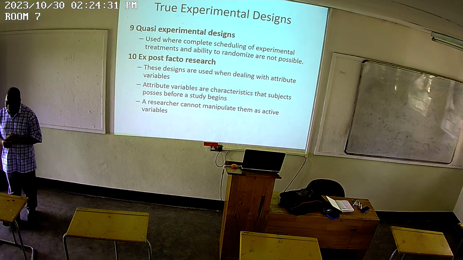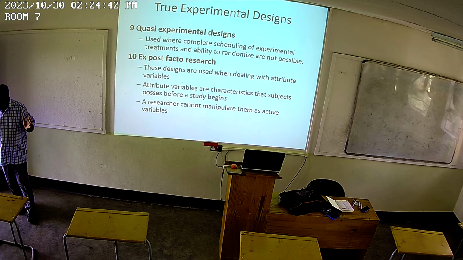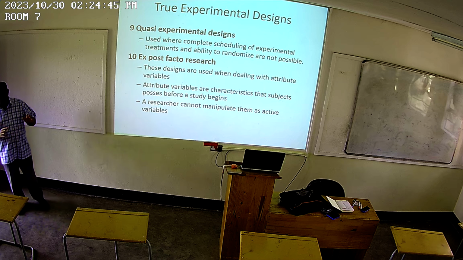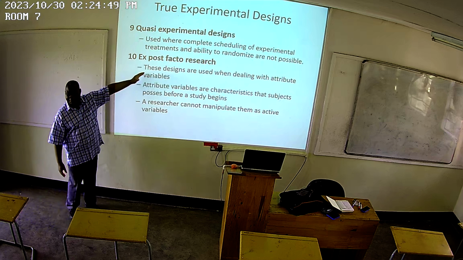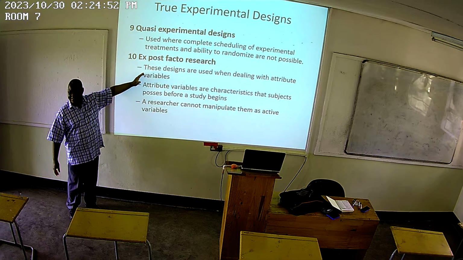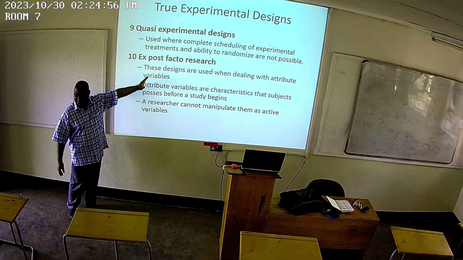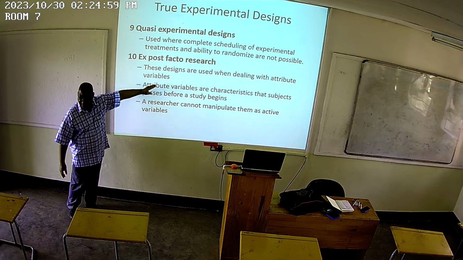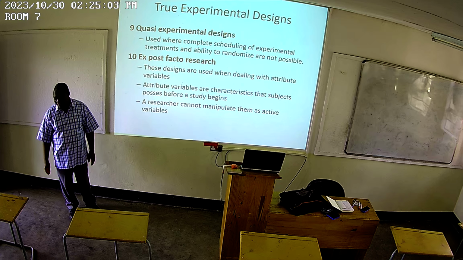Now, the people you are bringing into the experiment have an attribute there, the tribe. Each one of them is coming from his or her own tribe, different from the other. And you are using that tribal difference as an issue for assessing whether those tribal differences will have an effect on their ability to learn.